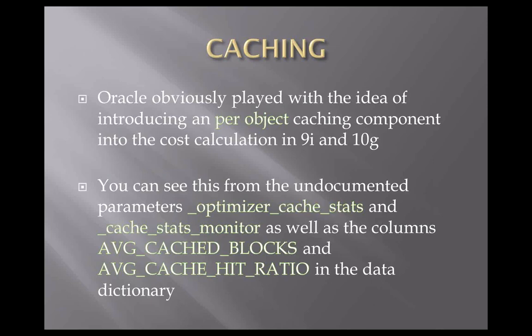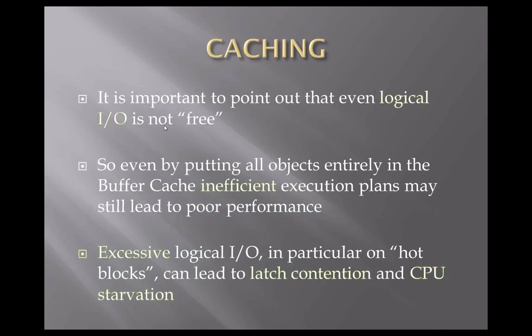And the optimizer also does have some special parameters that you could use in previous releases in order to activate a kind of beta mode where it tried to use some caching. But it's not in production. Maybe it will come in future releases, but as of now it's not there.